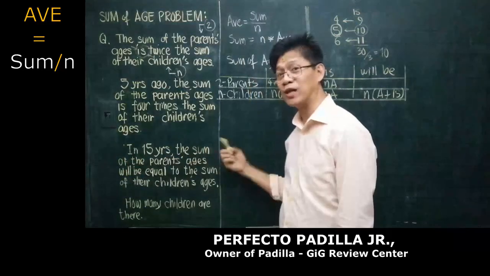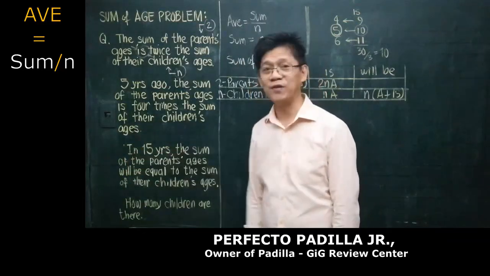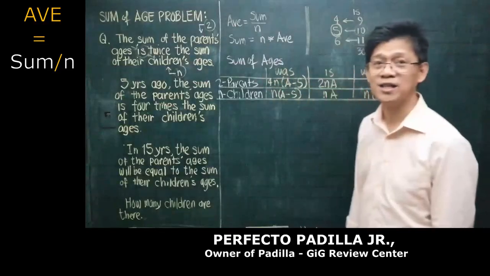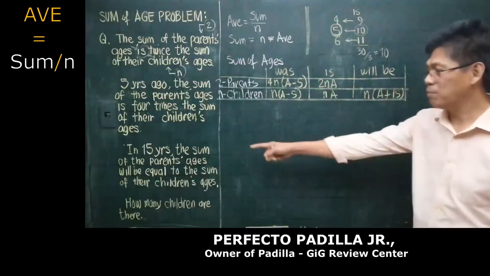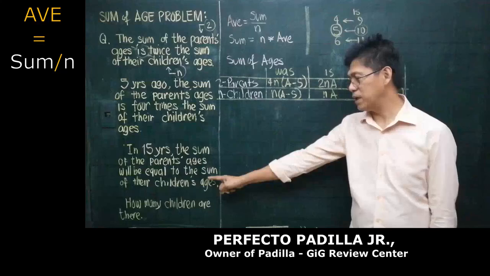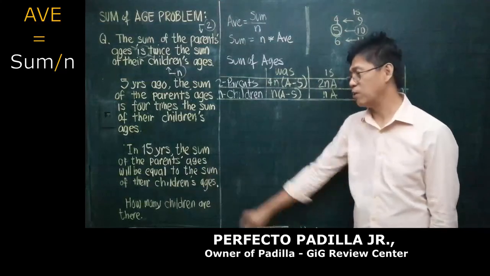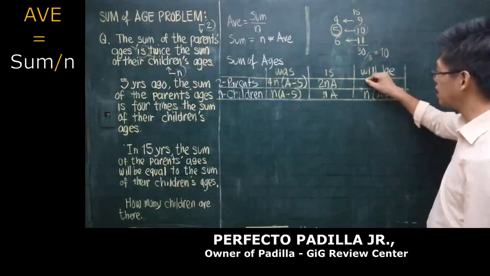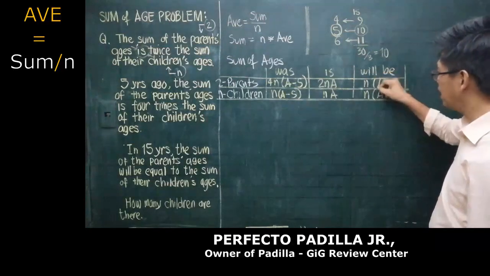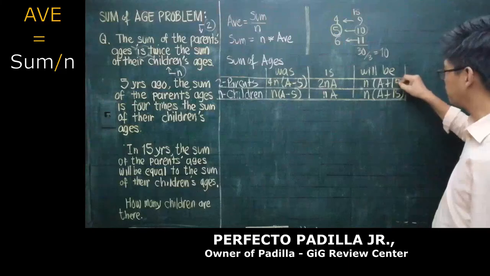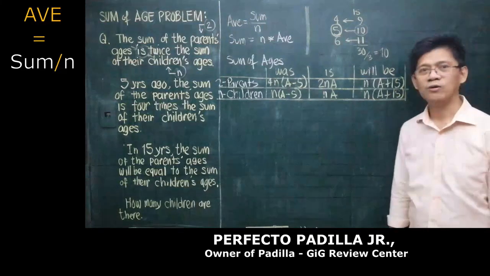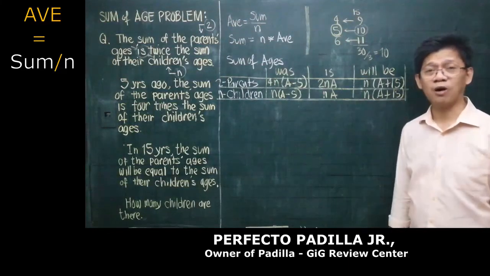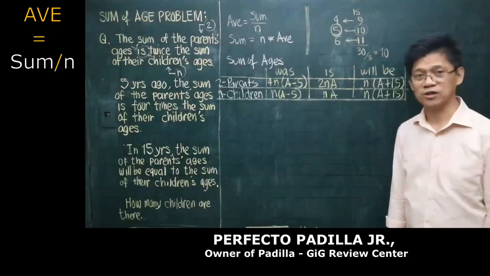So, what follows are all happening in 15 years, except otherwise specified. The sum of parents' ages will be equal to the sum of their children's ages. So if this is the sum of children's ages, the sum of parents' ages will be N, A plus 15 also.